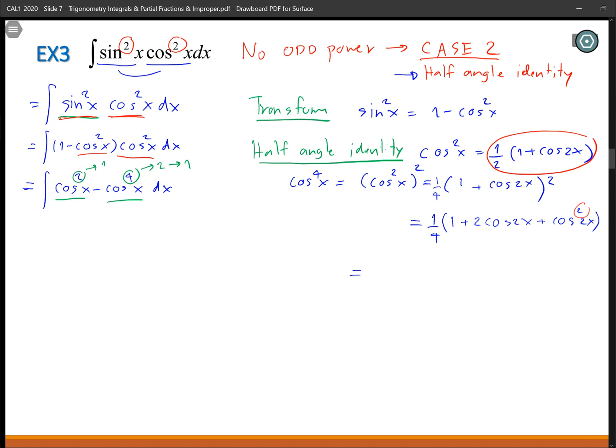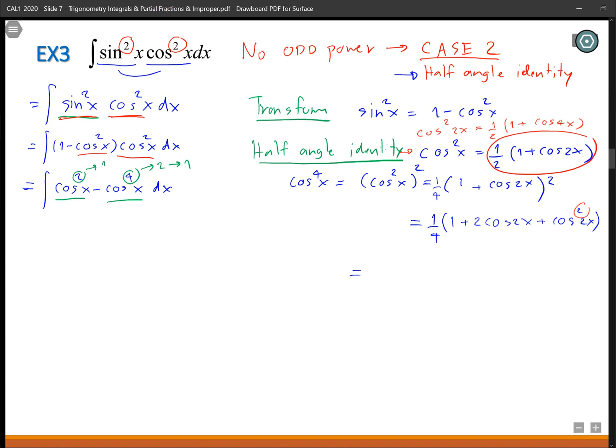So we want to reduce this to 1, and we can do that by using this, because we know that cosine of 2x to the power of 2 is going to be equal to 1 over 2 times 1 plus cosine of 4x. So the angle is going to be twice as big as the one that we used before.